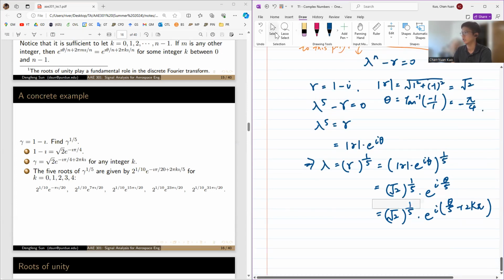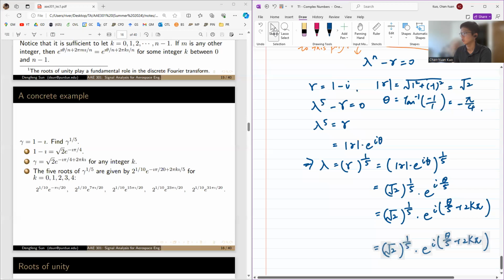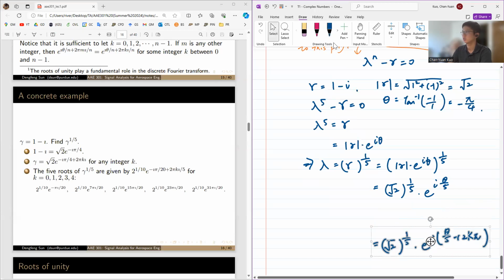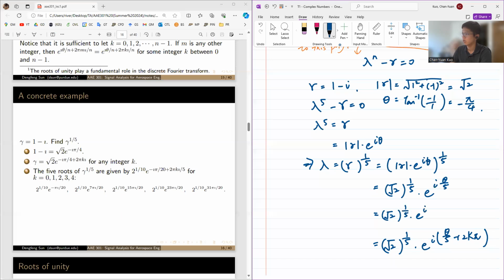Let me write this way: square root of 2 to the 1 over 5 times e to the i theta over 5 times e to the i 2k pi. Just as a reminder, this whole thing goes to 1.